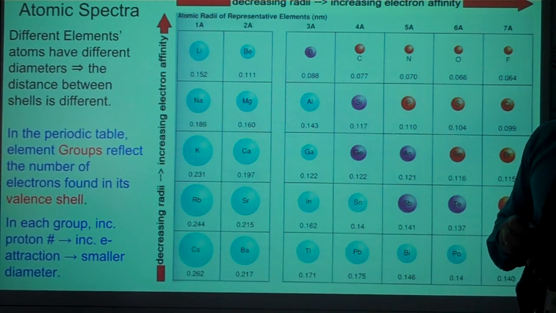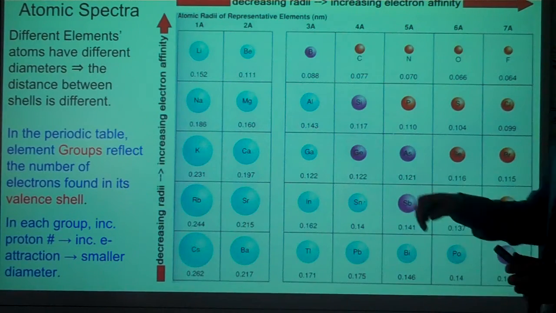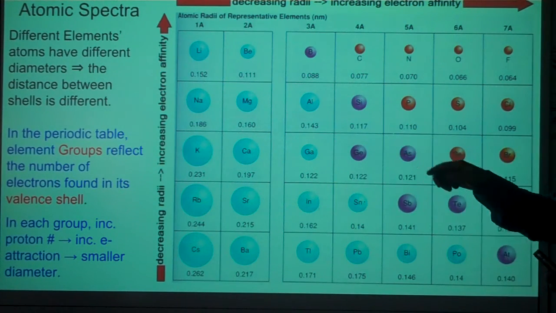Okay? So, long story short, are the atoms of any of those two elements the same size? No. Okay, each element has a unique size, and that's important because that particular characteristic is tied into spectra. Different elements have different diameters, and therefore the difference between the shells is different.